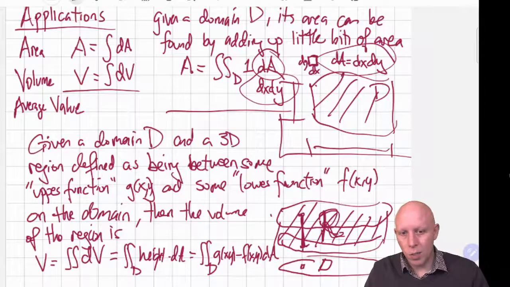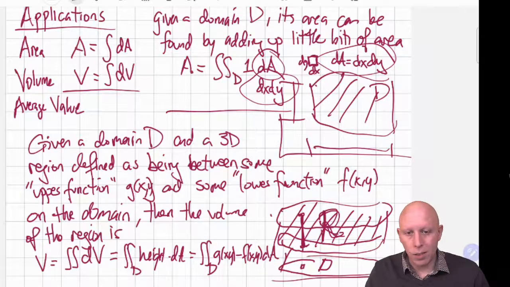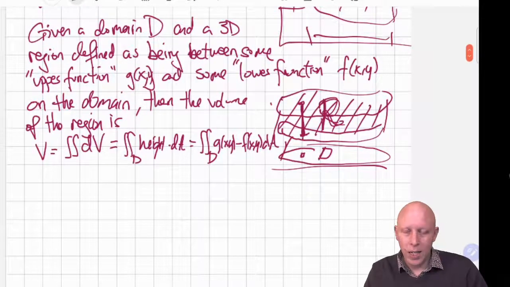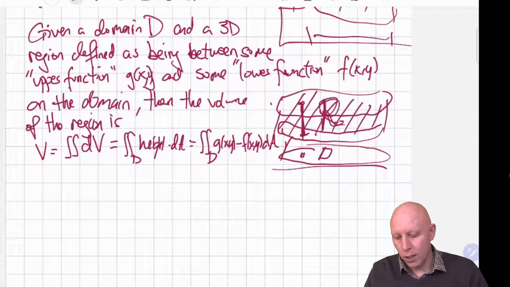And again, that's going to be either dx dy or dy dx, depending on the best way to represent our domain as a function of x and y. So that's the idea here of area and volume.